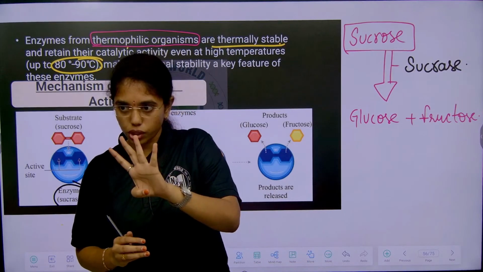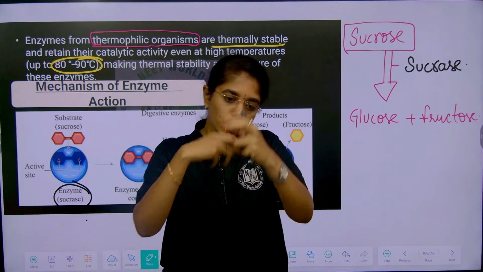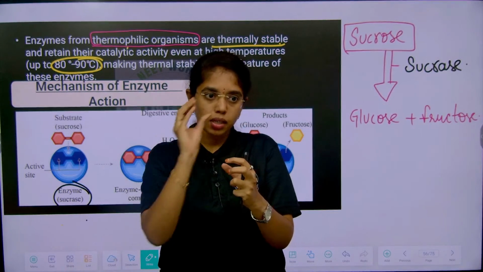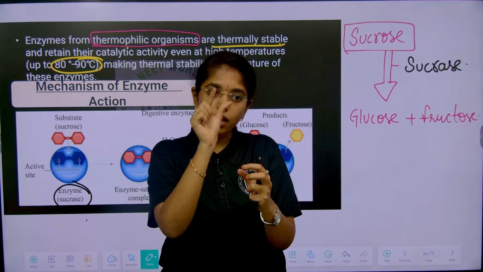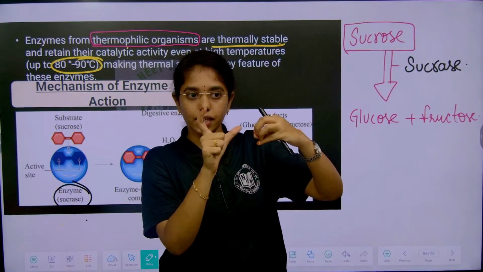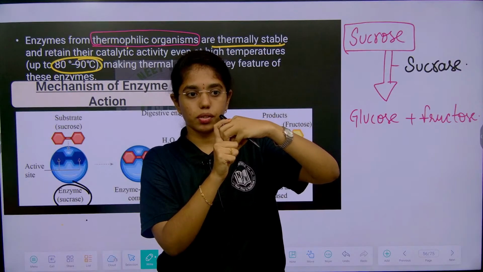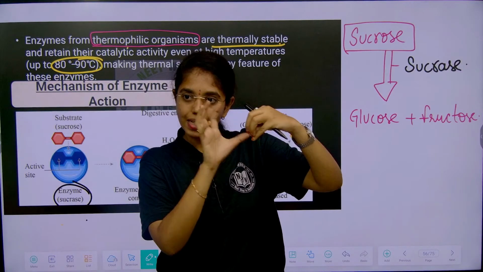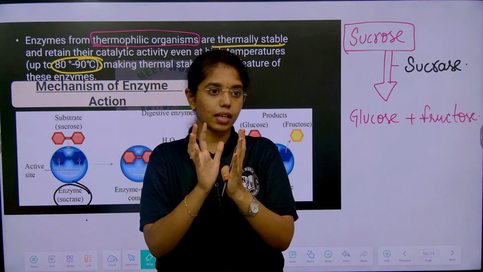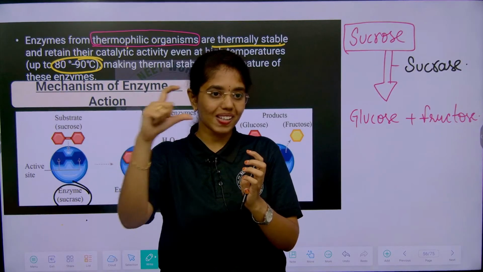Of the four protein structures, the enzyme is of what structure? Tertiary. When it is folded into a tertiary structure with many bondings, it has minute gaps, some crevices and pockets here and there.